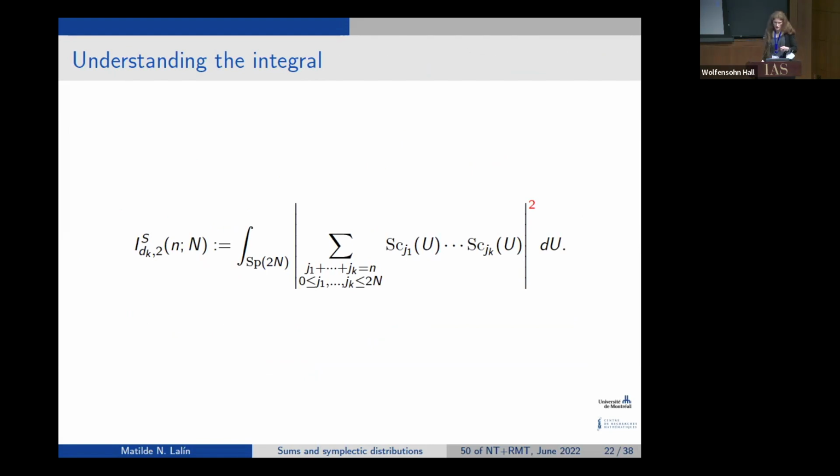I put it in red. We need the square from the point of view of number theory, where we care about this integral. People coming from random matrix theory don't feel so excited about the square. And they are right. The square is really painful.